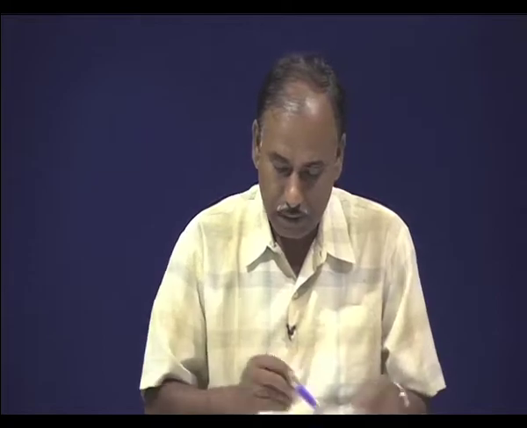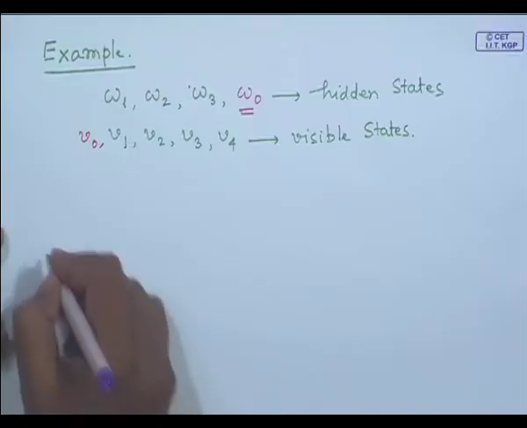And we also have the transition probabilities. So, the transition probabilities A i j.